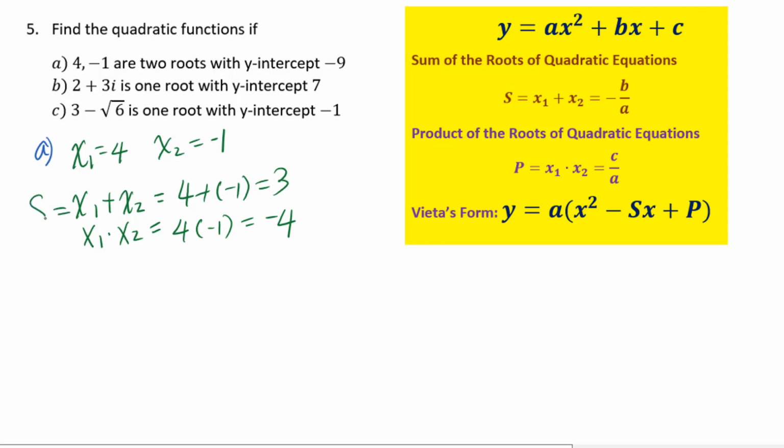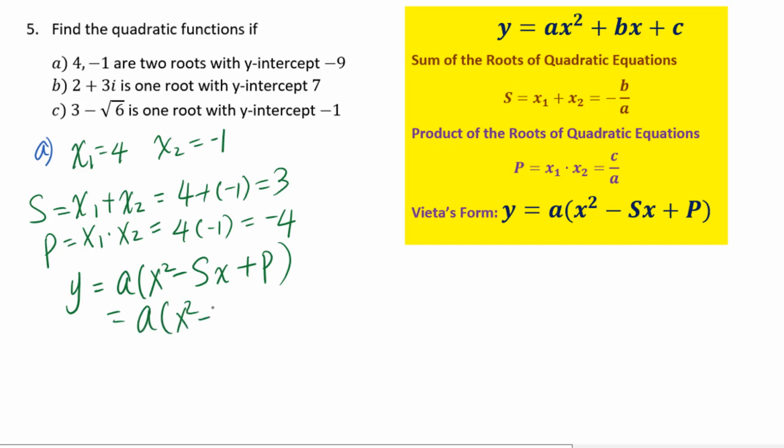This is the sum, this is the product. We can use the form a times (x squared minus sx plus p). That is a times (x squared minus 3x minus 4).